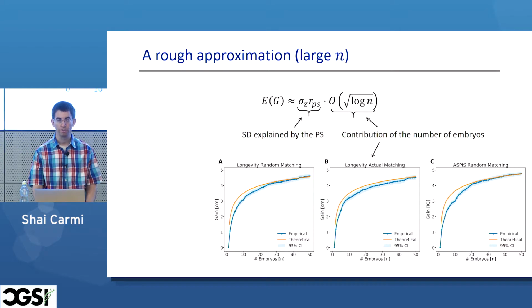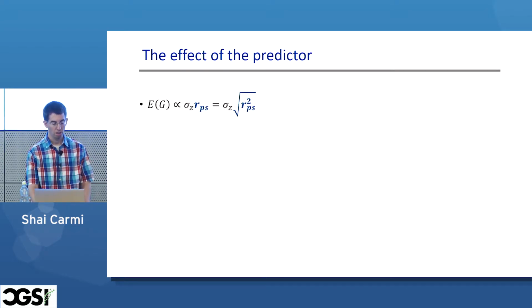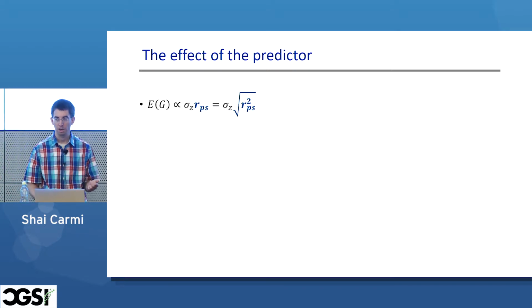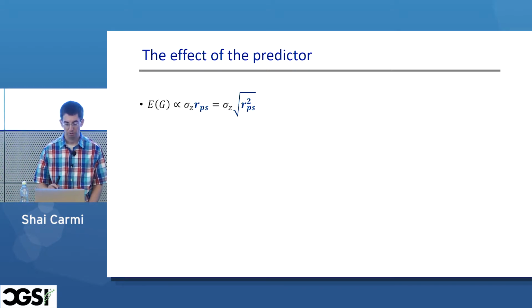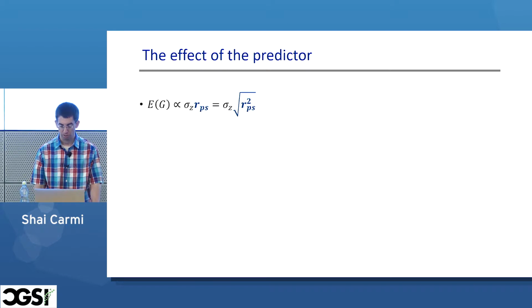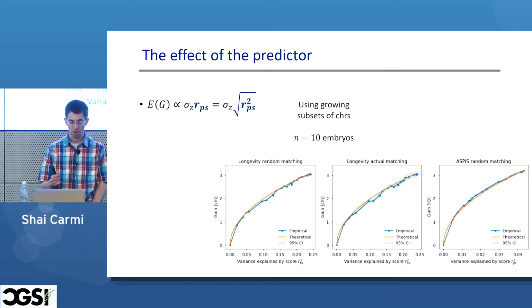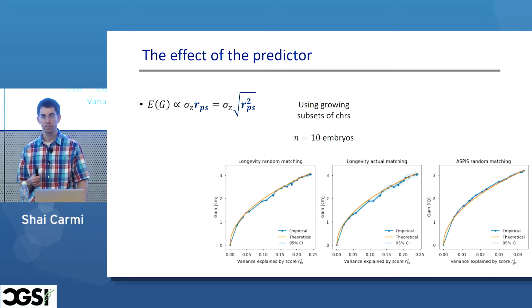But now let's focus on the first term in this equation, which is sigma z, the standard deviation of the trait, times r, or maybe we better write it as sigma z times the square root of r squared, the proportion of variance explained. As you can see, this fits the simulation pretty well.